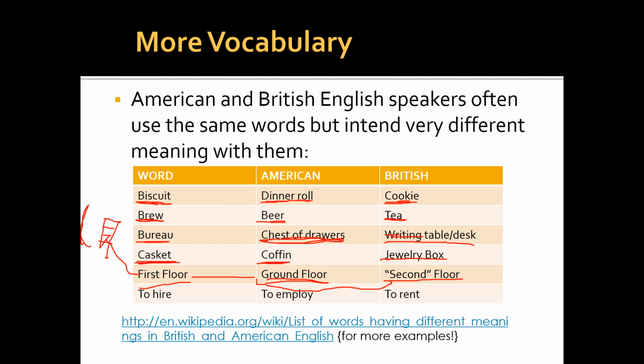Then we have to hire, to employ. This word and this word mean the same, but it is converted. All the words mean the same, but they're said differently, very differently with the meaning. So to employ and to rent. The Britisher says to rent.